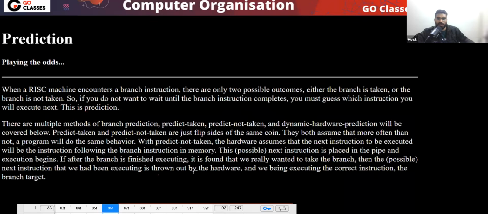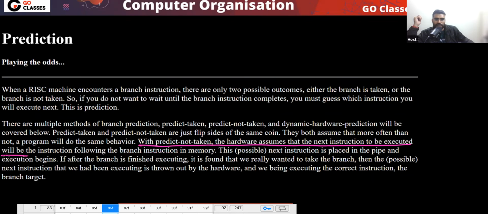Now we will do some questions, but tell me, is this clear? You can read about predict taken, predict not taken. Let me read it for you. Please read this. Predict not taken: the hardware assumes that the next instruction to be executed will be the instruction following the branch instruction in the main memory.